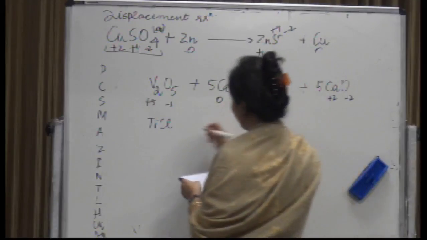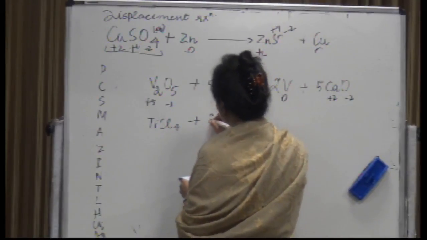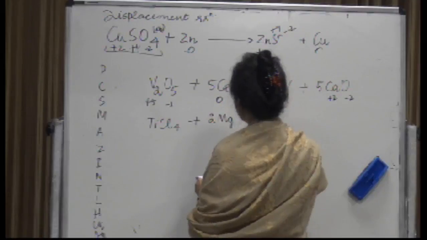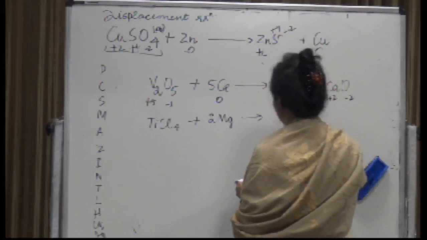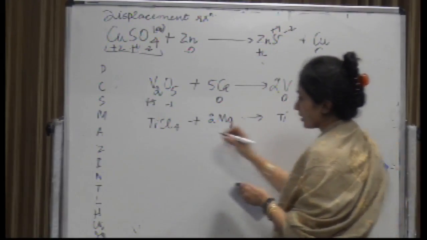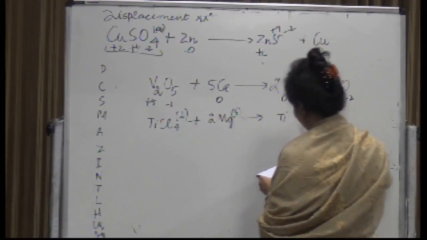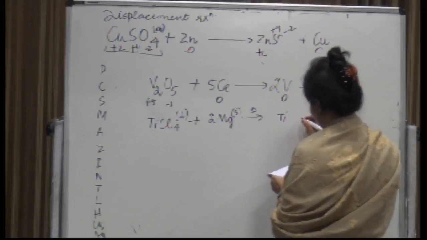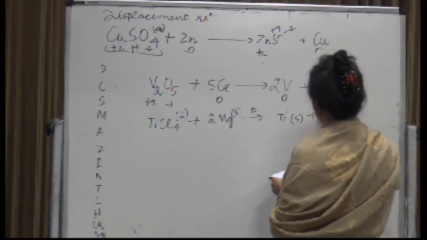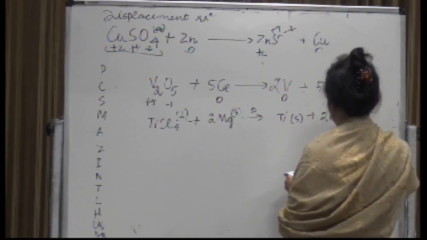Then take another example, TiCl4 plus 2Mg is giving Ti. The state of matter is also given in each of the reactions, I'm just not putting that, because Ti is solid, plus 2MgCl2.